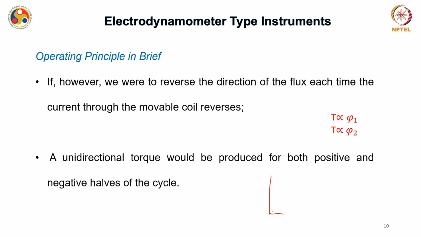So, now how do we make it unidirectional, as we have seen in the case of moving iron also? Consider a case where you do not have a permanent magnet like we have in the PMMC instrument. In PMMC you had a permanent magnet and then a moving coil.